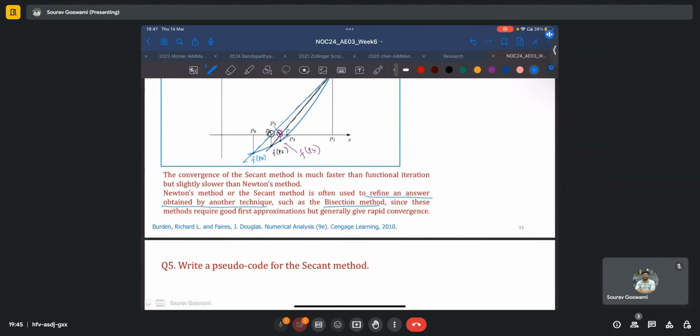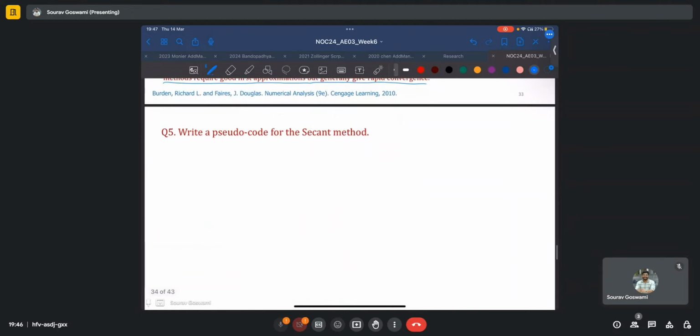So we need a reasonably good initial guess. We get that guess from a method such as bisection, and once we have a guess, we implement either the second method or Newton's method to reach the solution quickly. So these methods require a good first approximation, but give rapid convergence.